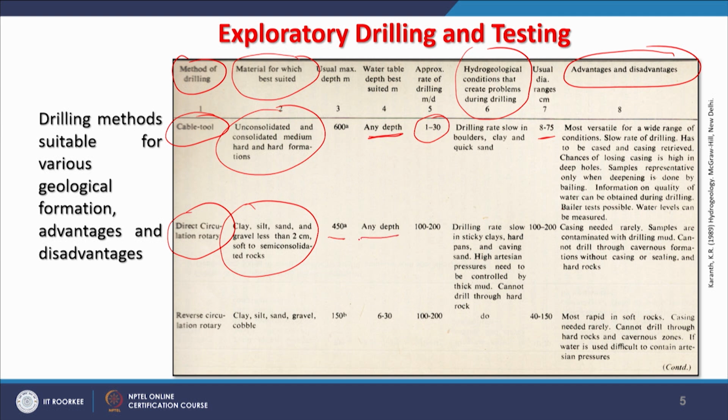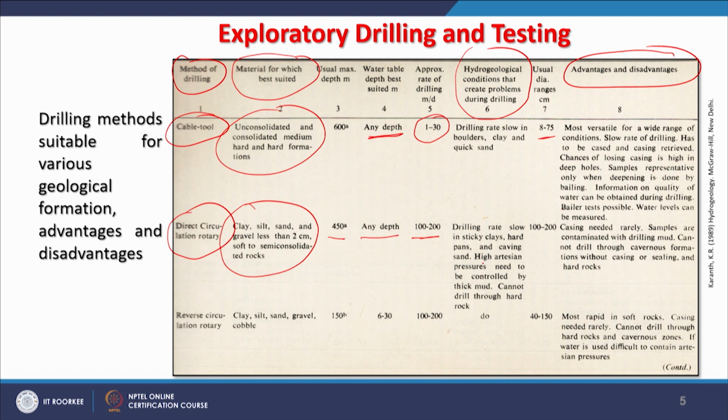Any depth of water table can be there, and the approximate rate of drilling is 100 to 200 meter per day because the motor and power are there. Drilling rate is slow because of sticky clay layers, hard pans, caving, and other reasons.